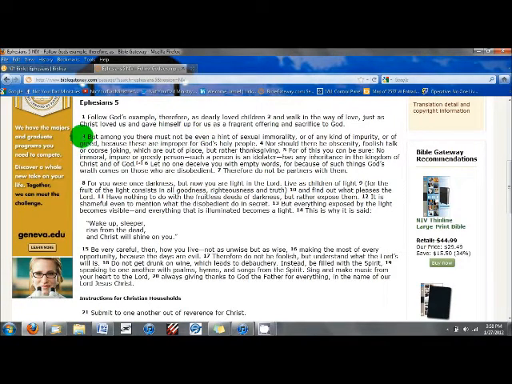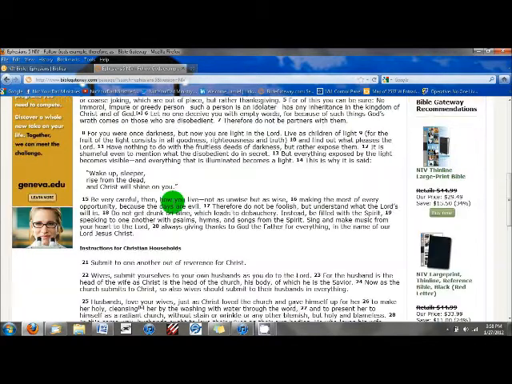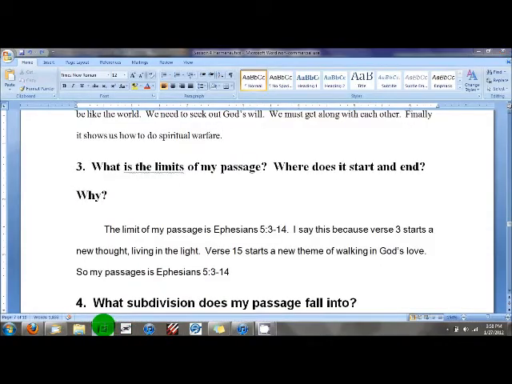So I decided on starting at verse 3: "But among you there must not be even a hint of sexual immorality." I said this was my start because of the word "but." It starts a new thought process, a new point. So verse 3 is where I started. Now, I went down to verse 15. What did I say? It was 3 to 14.